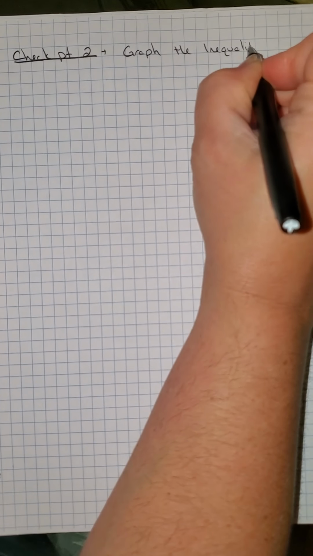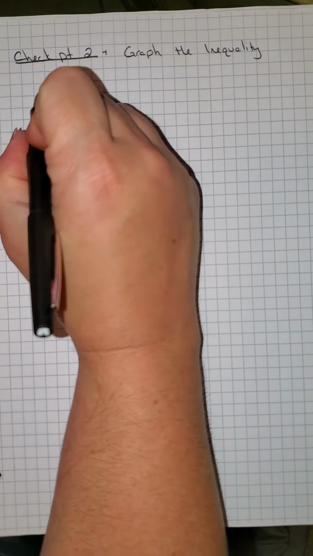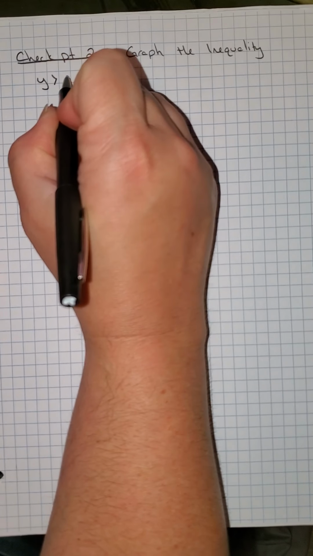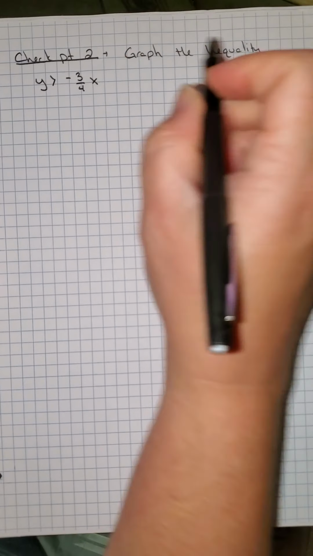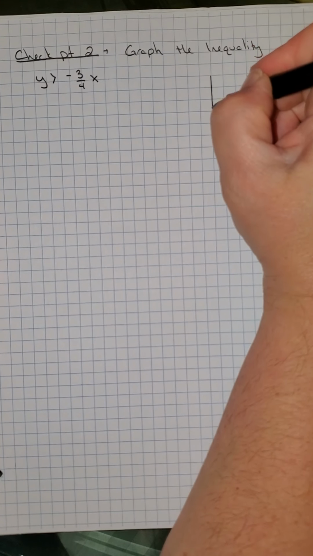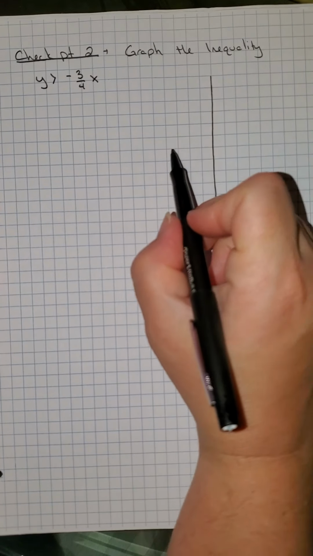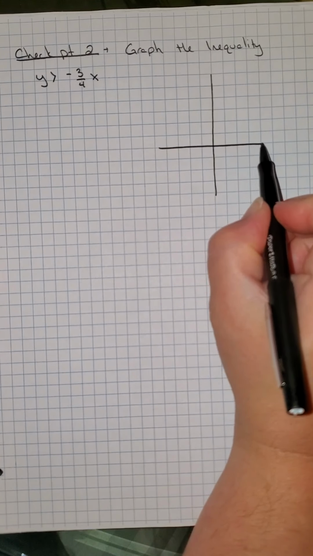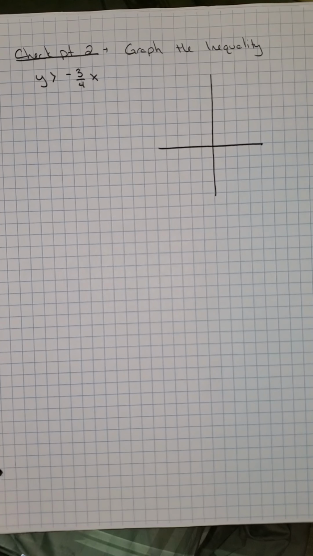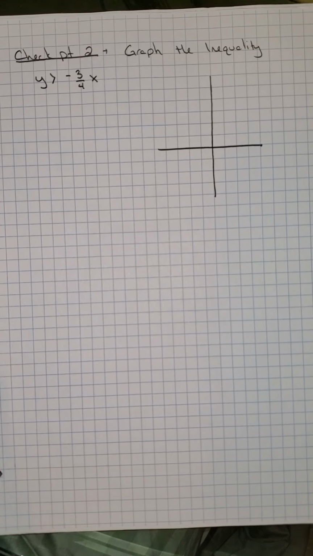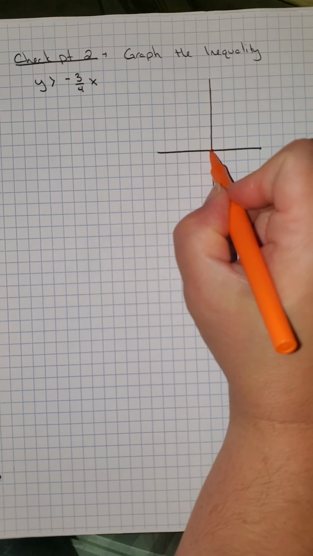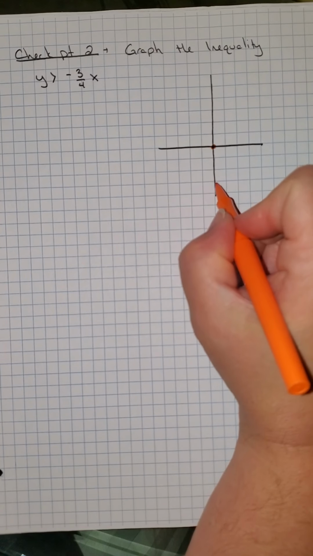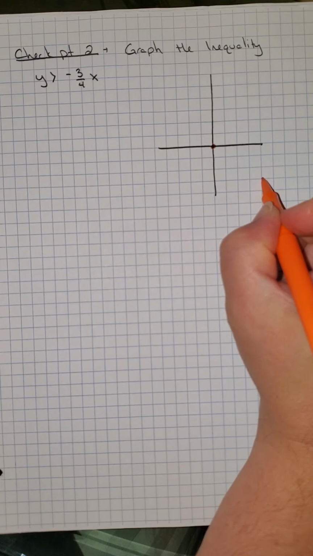So again, we're going to graph the inequality. We have y is greater than negative 3/4 x. There's no b, so our b would be 0. So we start at 0, 0. Then our slope is negative 3 over 4, so down 3 over 4.